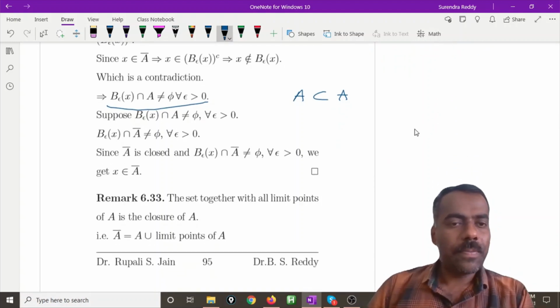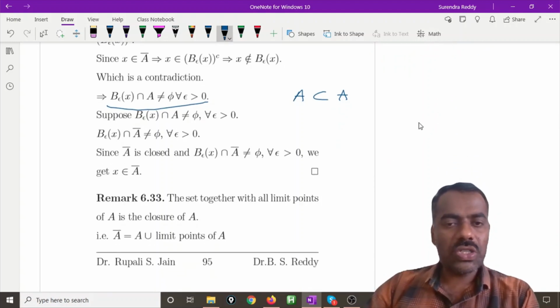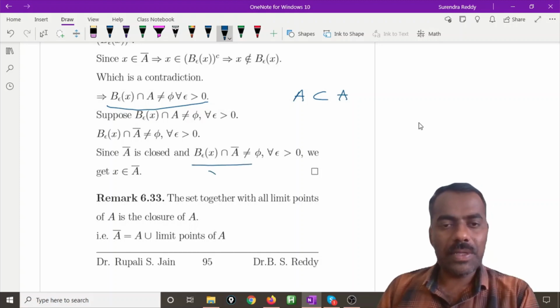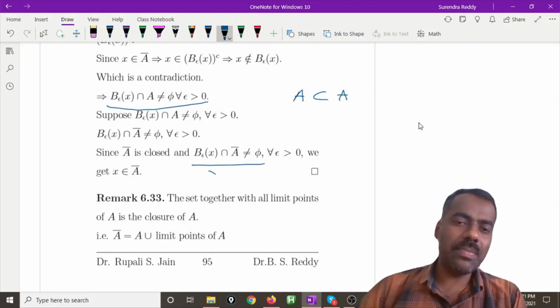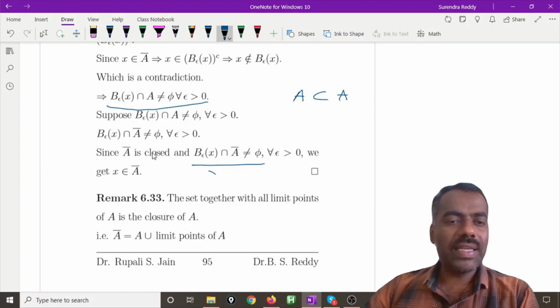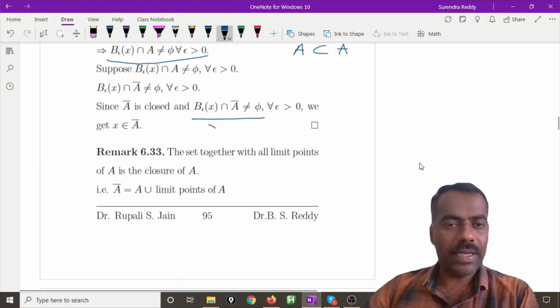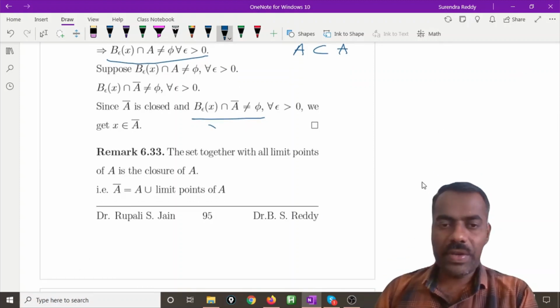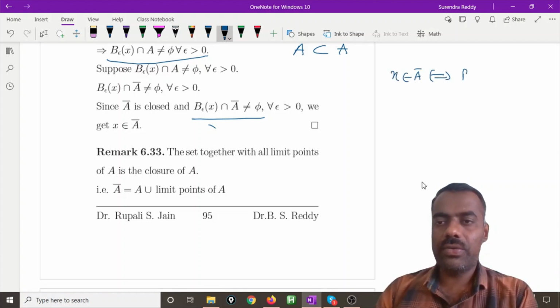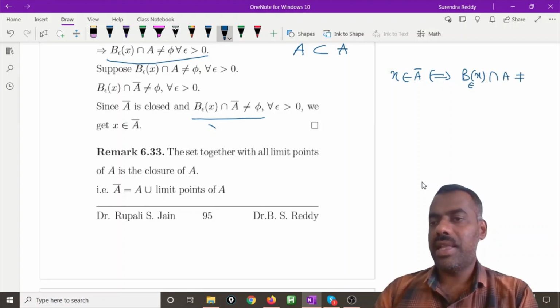Since A bar is closed, that shows that x belongs to A bar, right? So what we have proved just now is that x is in A bar if and only if the ball around x intersects A in a non-empty set for every epsilon greater than 0.